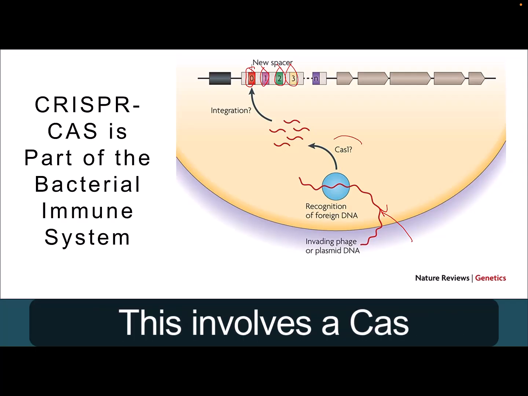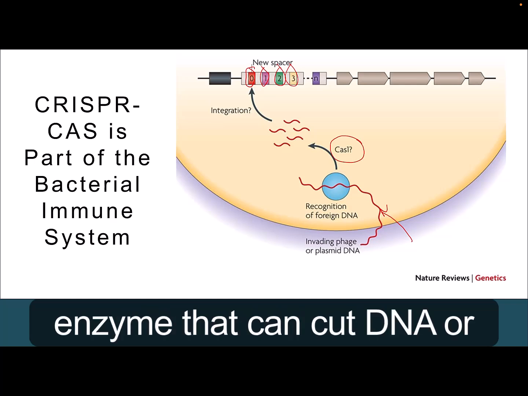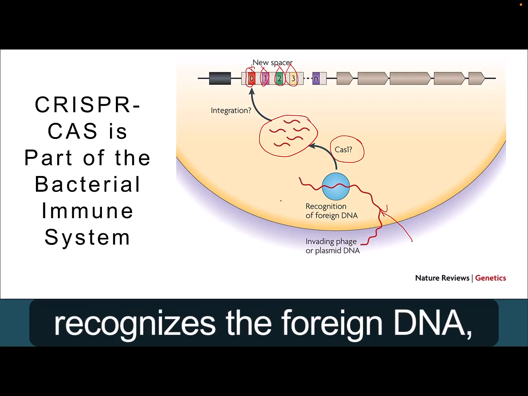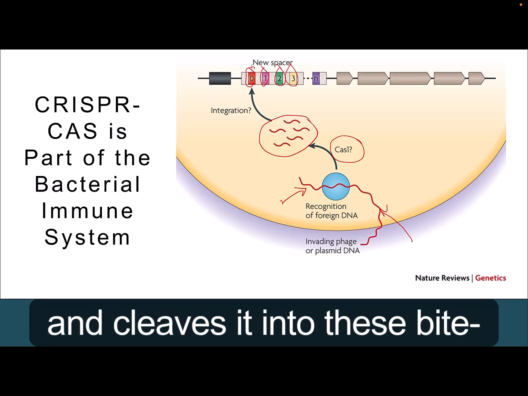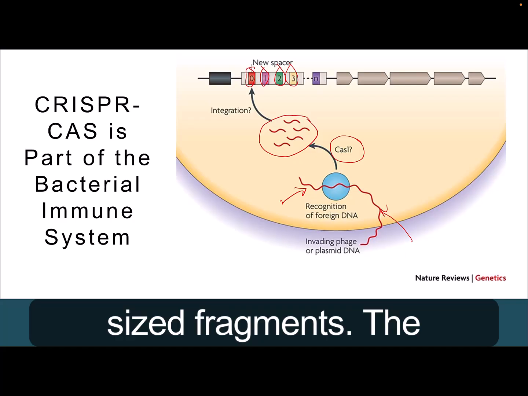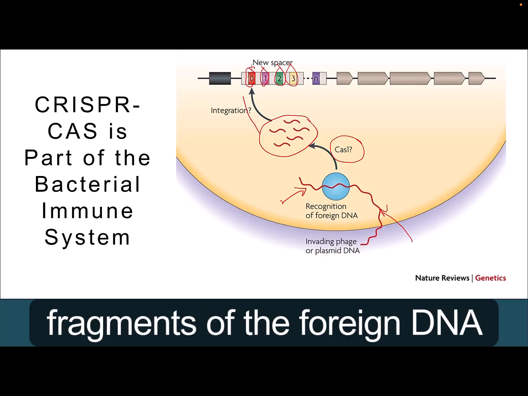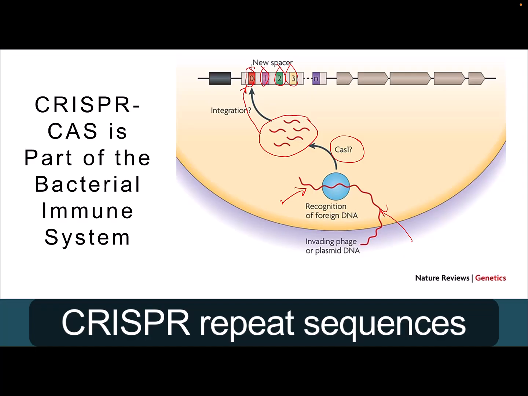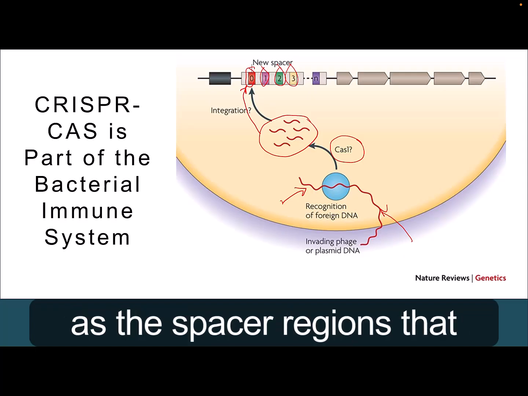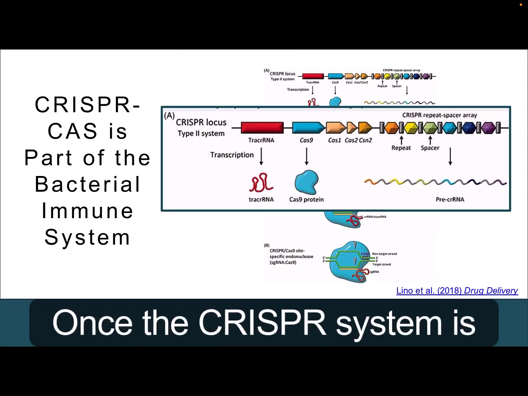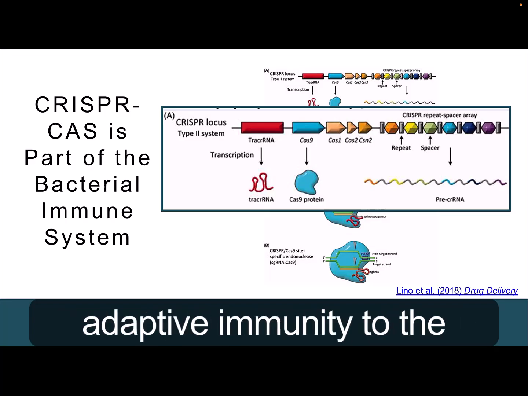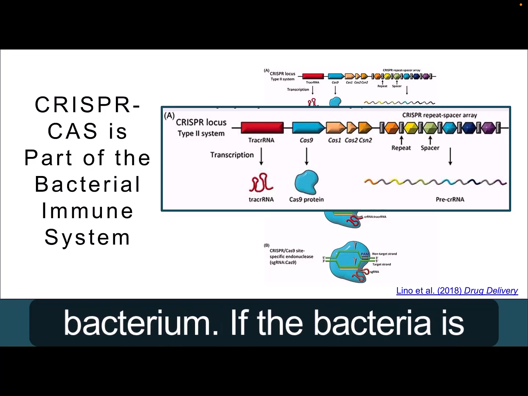This involves a Cas nuclease, which is an enzyme that can cut DNA or RNA. The Cas nuclease recognizes the foreign DNA and cleaves it into these bite-sized fragments. The fragments of the foreign DNA are then integrated into the CRISPR repeat sequences as the spacer regions that are shown here. Once the CRISPR system is built, this provides the adaptive immunity to the bacterium.